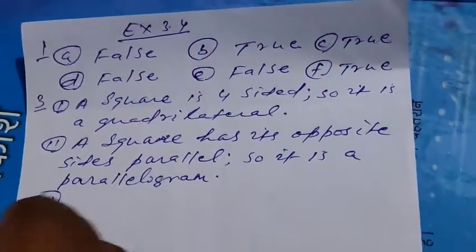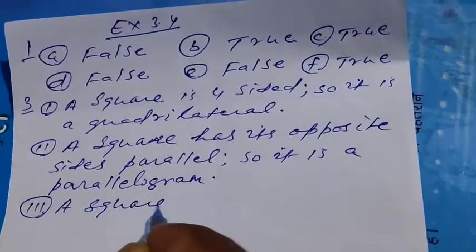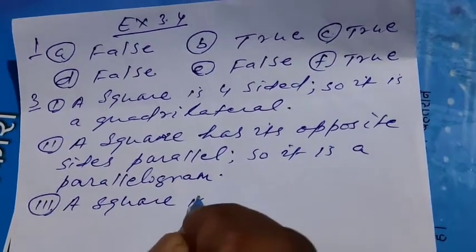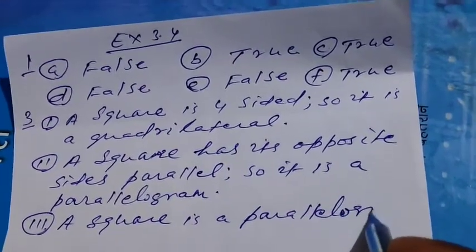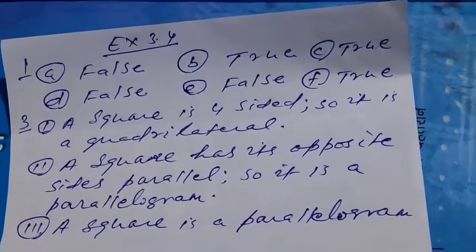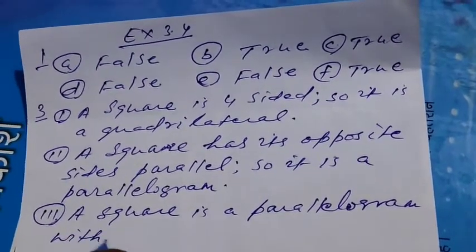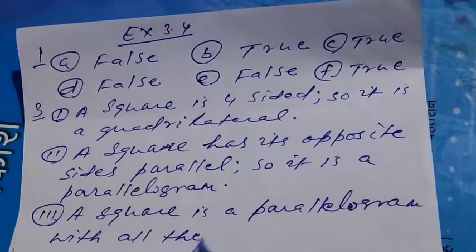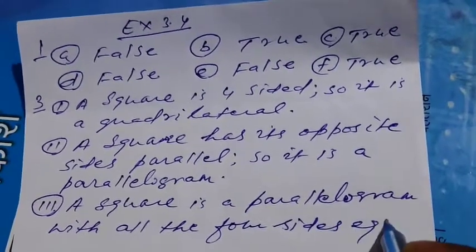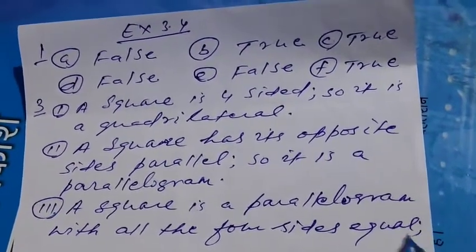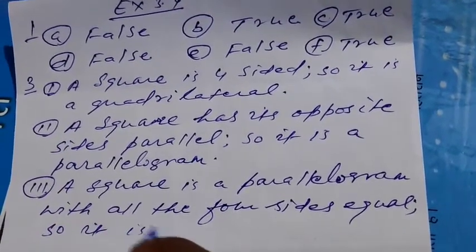Third, a square is a parallelogram with all the four sides equal. So it is a rhombus.